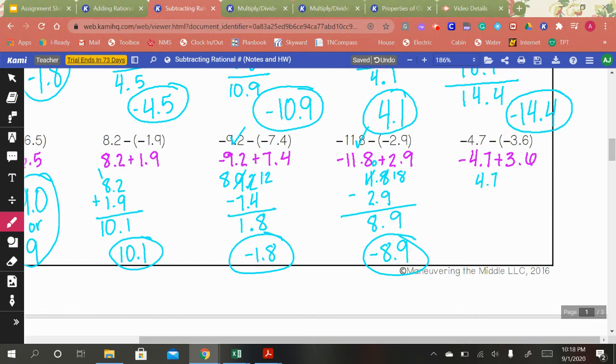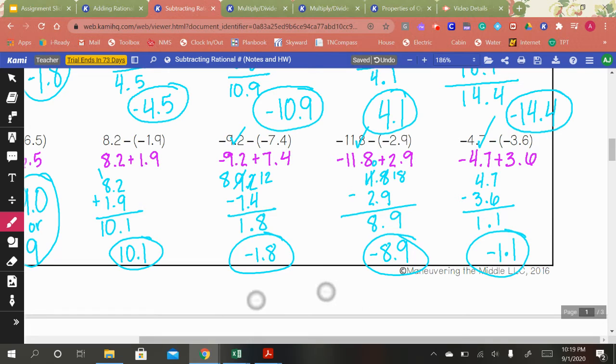All right, the last one for subtracting decimals, we will be subtracting because we have opposite signs. Line them up vertically. Subtract. This is 1.1, and it does need a negative sign because the negative number has a greater absolute value.